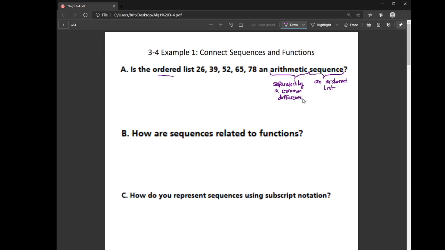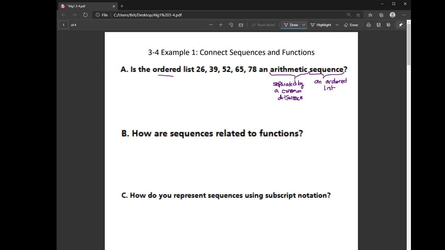What that means is that the jump from one number to another number is the same from each and every value.